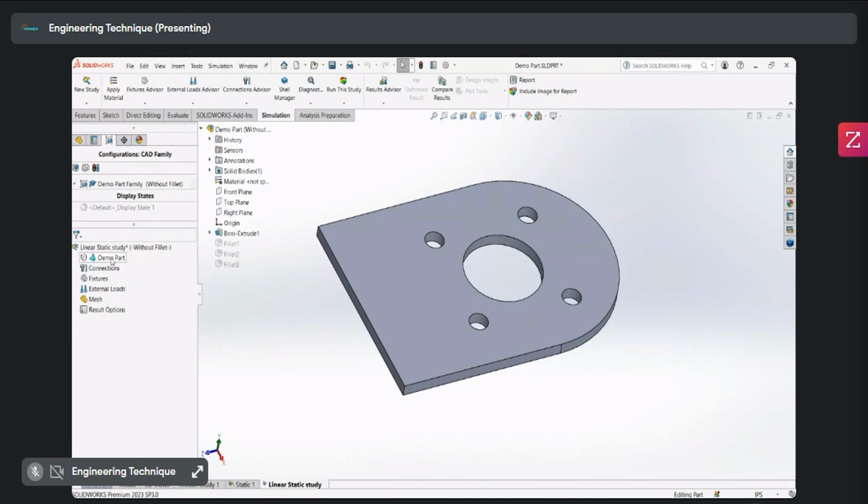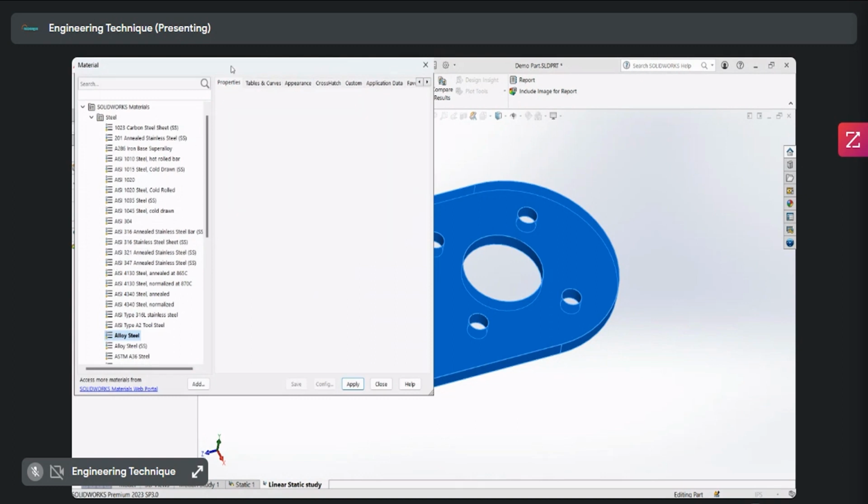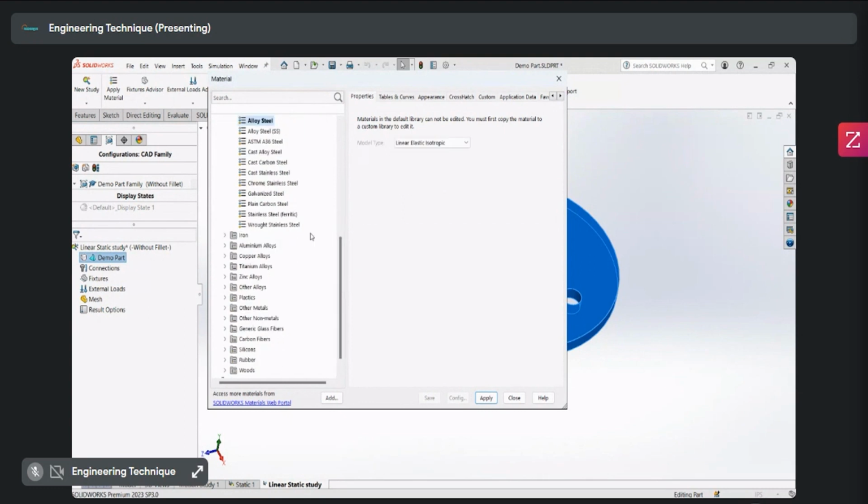Now, after defining the study, what we need to do is apply a material to this part. For that we need to right click on the part, and we have various materials that are predefined in the SolidWorks library. You can see here a number of metals, as per the standard AISI, already there in the simulation library: steel, iron, aluminum, copper, titanium, and zinc.